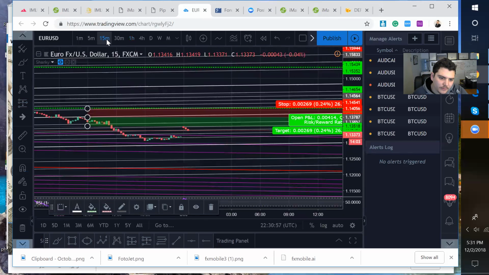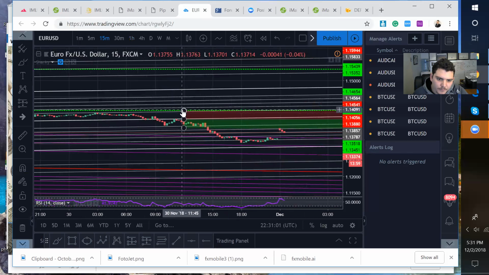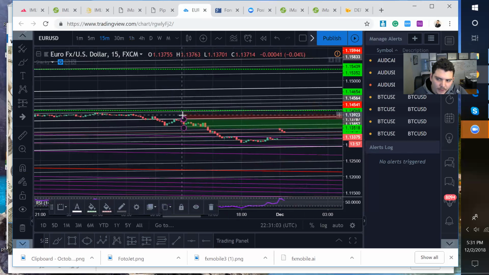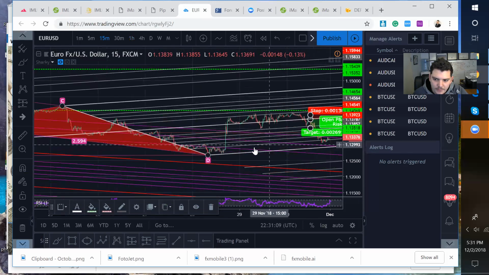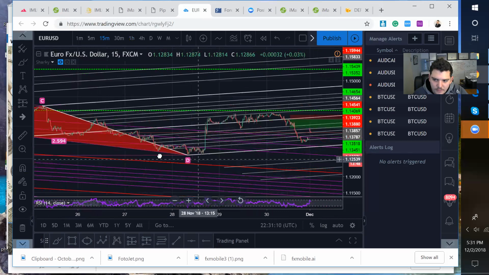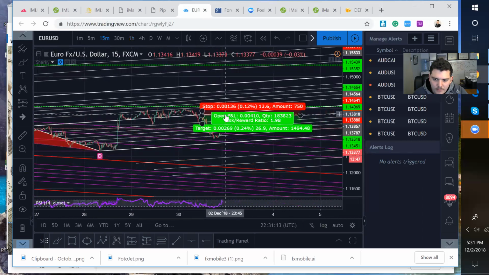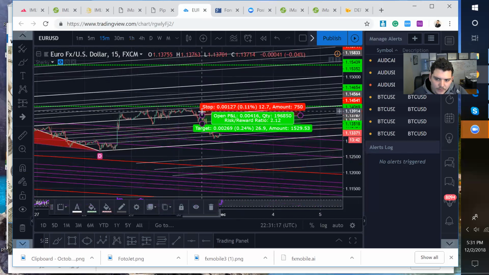Let's go down to like the 15-minute. And your stop loss can literally be a few pips. So 13 pips. Get that a little shorter.